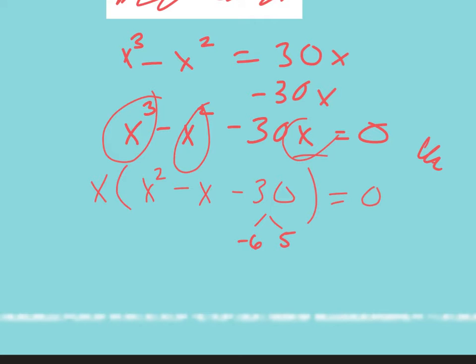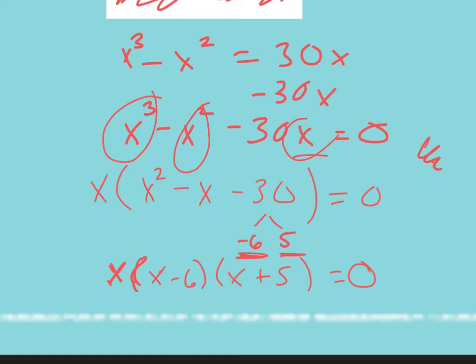So we have x times, my pencil's not working, there we go. Remember, after we factor, we put it into our parentheses. So we have x minus 6 and x plus 5. The reason it's minus 6 is because this was a negative 6 and this was a positive 5, so that's why it's x plus 5. This is equal to 0.